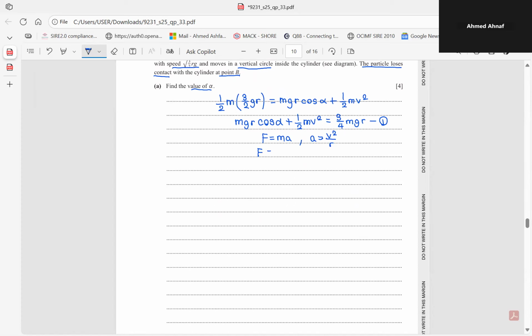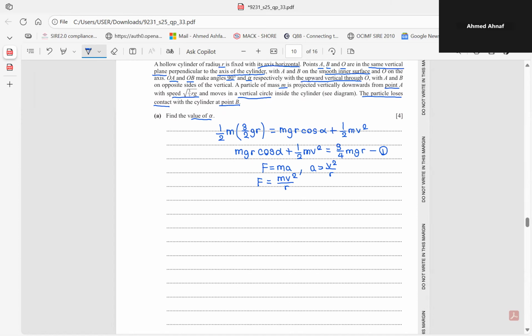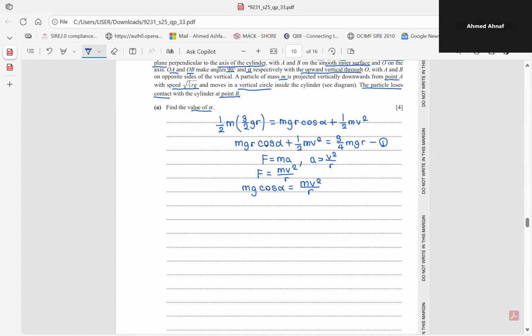So you get F equals mv squared over r. So force is mg cosine alpha. You will get mv squared over r. And then you can multiply both sides by r to get rid of the denominator.